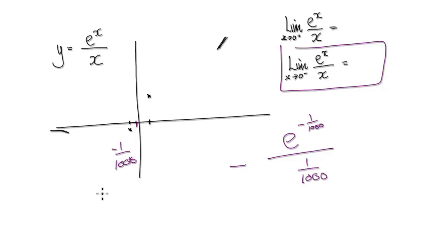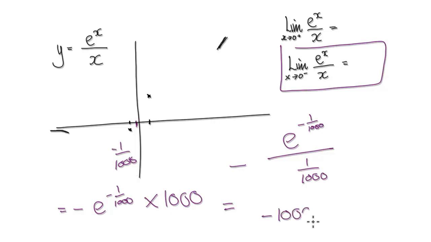That's the negative, e to the power negative 1 over 1000 divided by 1 over 1000, which is the same as multiplying by 1000. So that equals negative 1000 times e to the power of negative 1 over 1000.